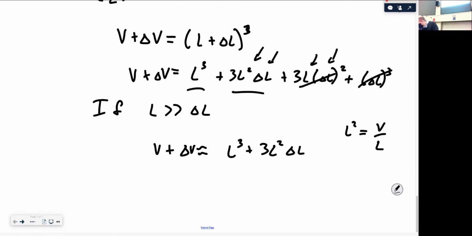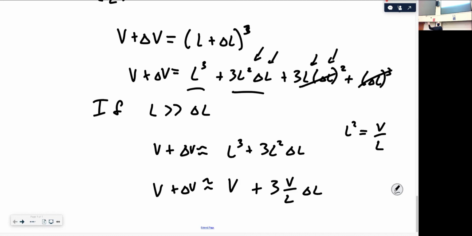This is about equal to, well, L cubed is just V. And this is 3 times V over L times delta L. And I've got a V plus delta V over here still. With me?